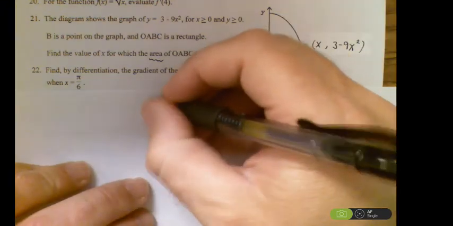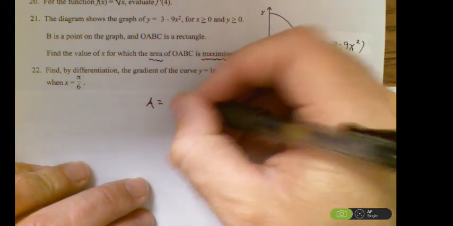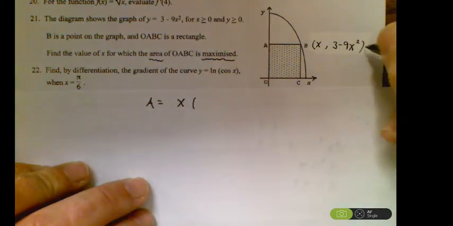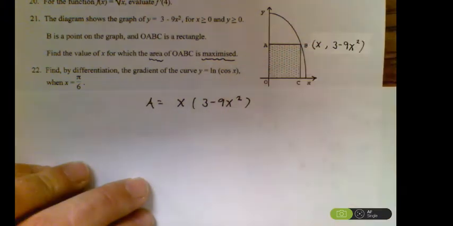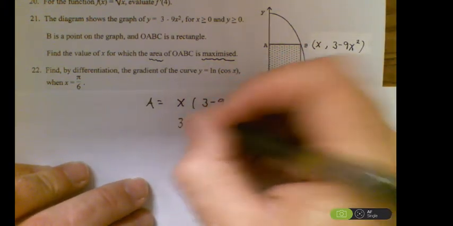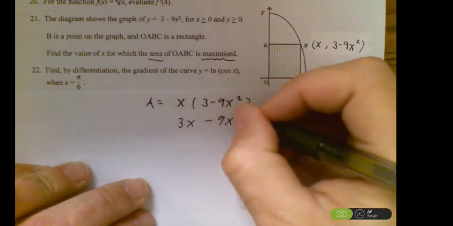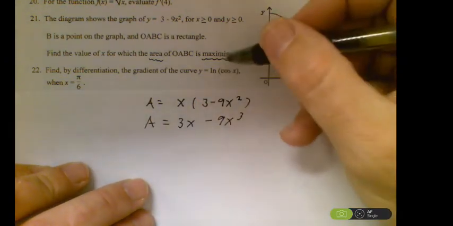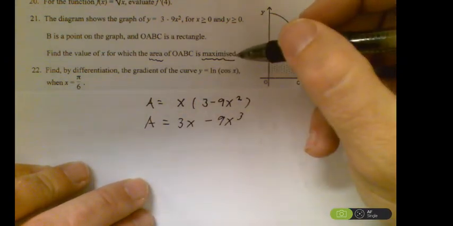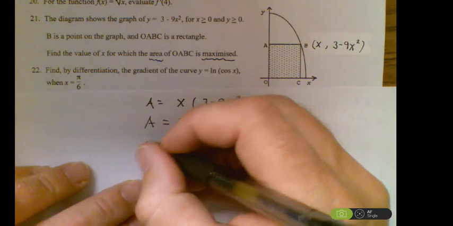So we know area is going to give us that base times the height on this one. So let's distribute the x. All right, so that's our area function. And now according to this, because we're looking to maximize it, that means that's where the derivative would equal 0.